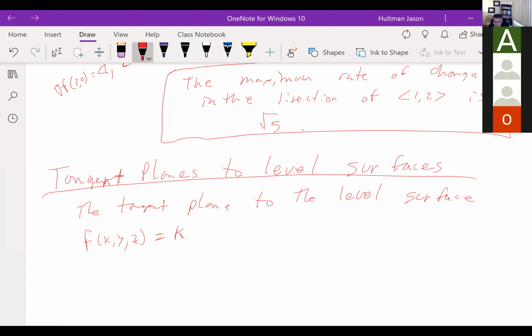If you want an extra variable there, you could say it's w. If you need the extra variable, just say w equals k. But these are level surfaces. It's really hard to visualize the fourth dimension, but whatever.